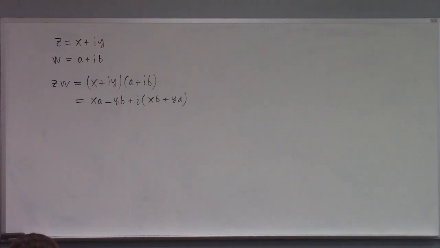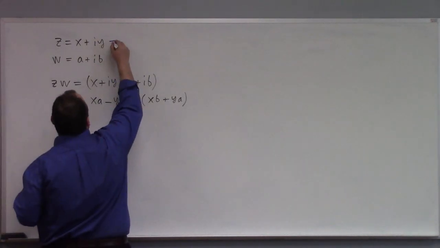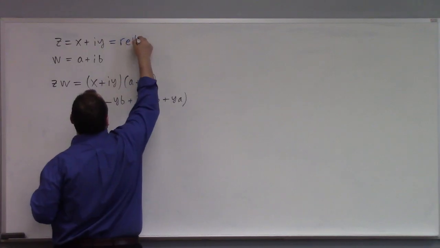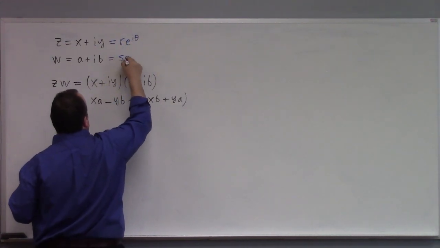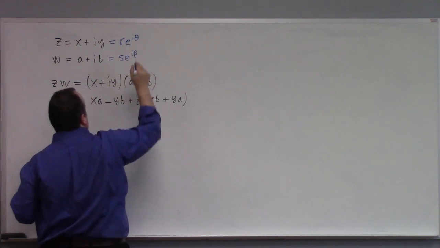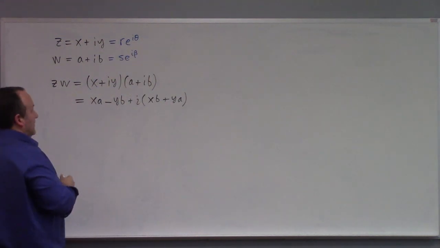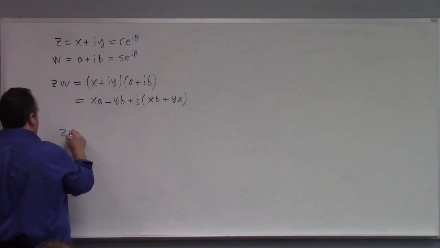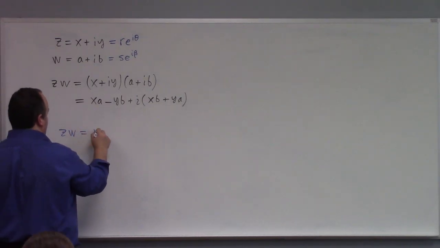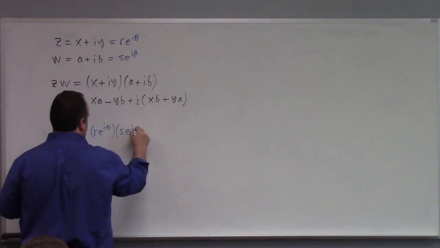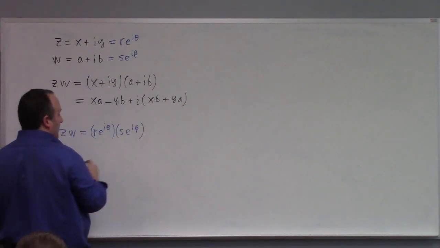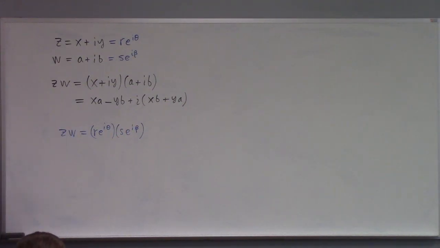But look what happens if we use polar form. So we write z equals r e to the i theta. And we write w is equal to, let's say, s e to the i beta. Right? And what happens when I calculate z times w? I have r e to the i theta times s e to the i beta. Right? And so r and s are just real numbers, right?